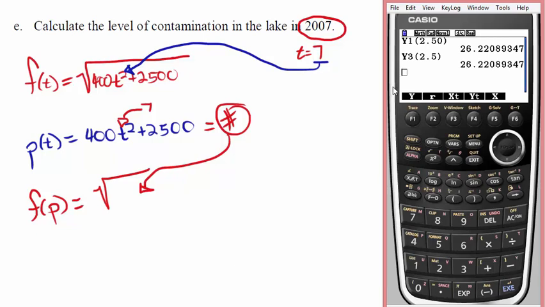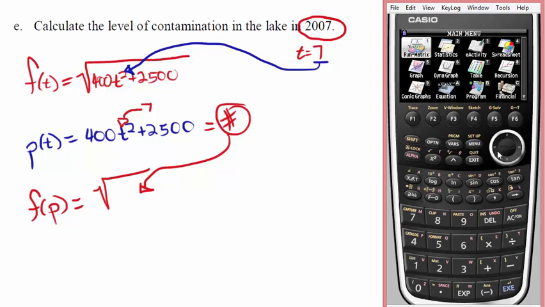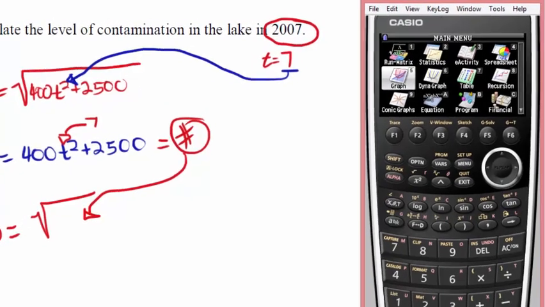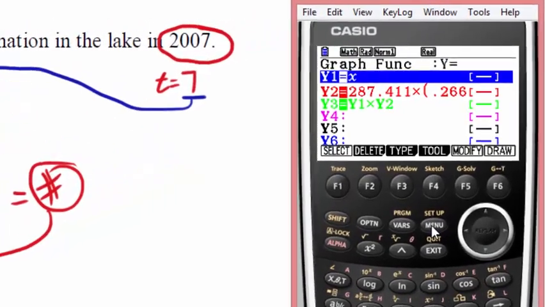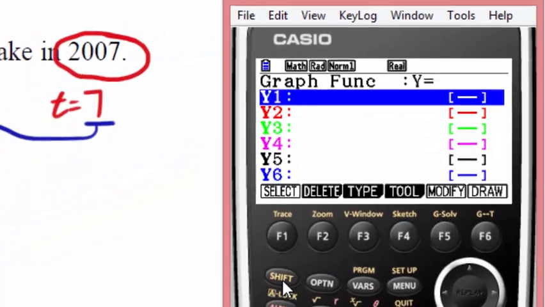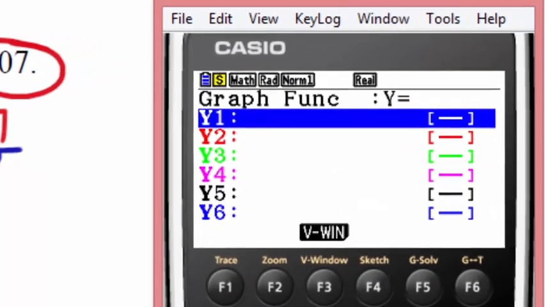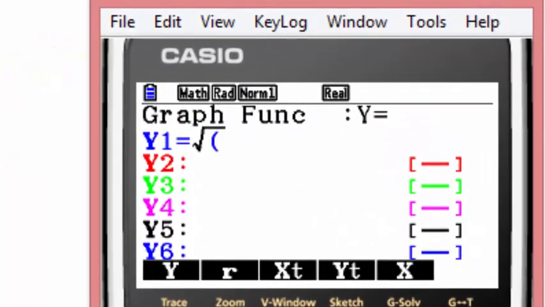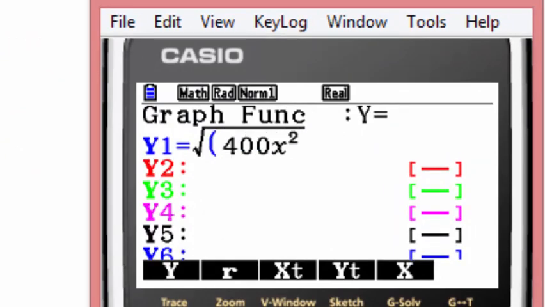We'll start with the way that I think is the most straightforward, which, since we have already composed our function, is to just put my entire composed function into y1. Make sure you open parentheses for the beginning of your radical, 400x squared plus 2500, and then close the parentheses for the end of your radical.